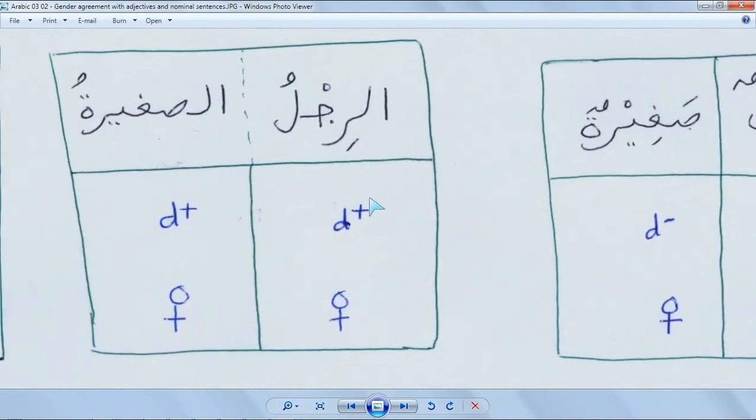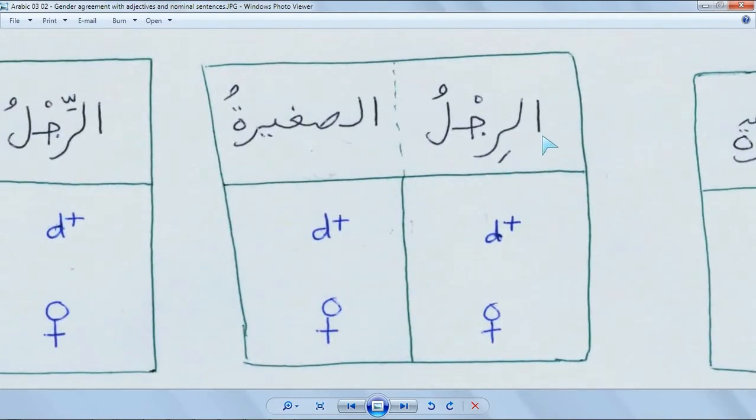If we make the word ar-rijl definite by adding alif and lam, the thing we drop is the tanween, so we don't say rijlun anymore, we say ar-rijlu, and then we likewise add alif lam to the adjective, and we get as-saghiratu. So here we have an adjective phrase, a noun followed by an adjective, the mawsuf and sifa in Arabic, mawsuf being the word that is described and sifa being the describing word.